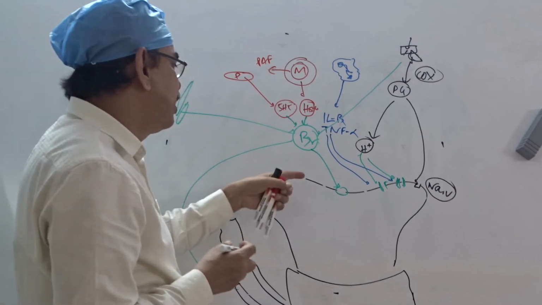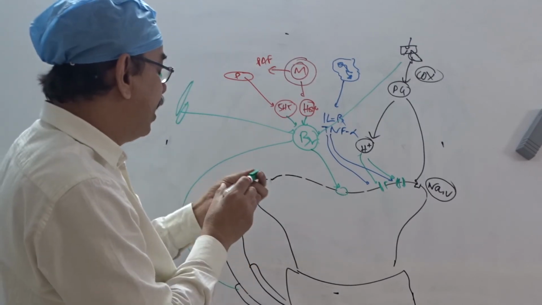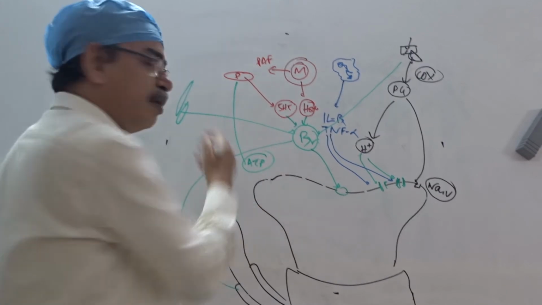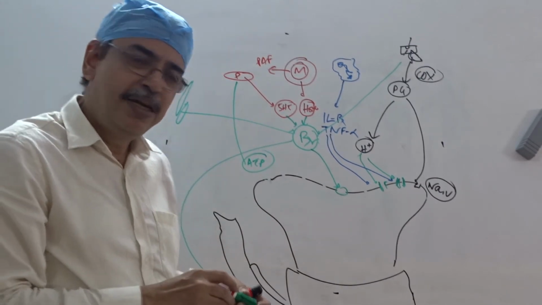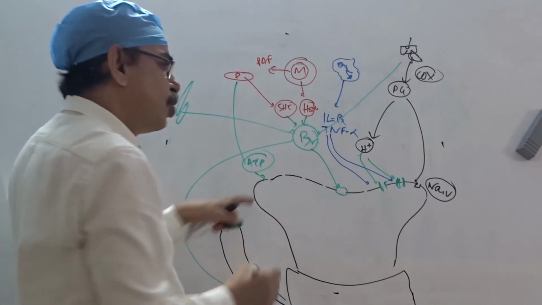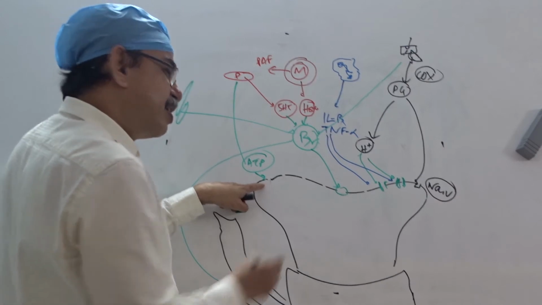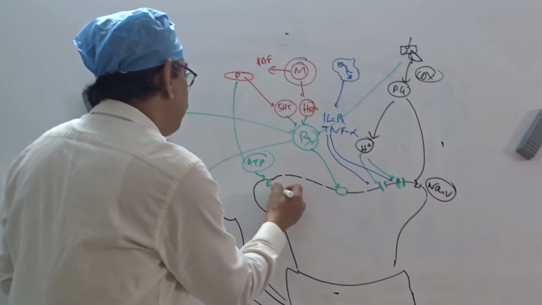These chemical energies, from the platelet also comes direct energy, ATP. It is a purine metabolite. And this ATP also stimulates a special type of receptor, that is purine receptor, P2X receptor.